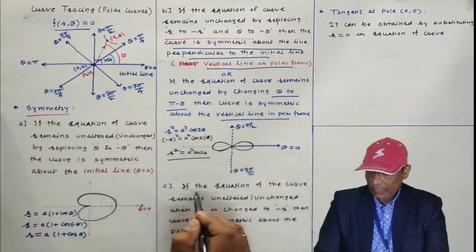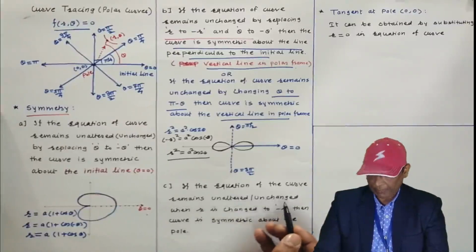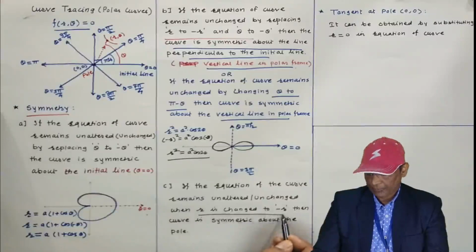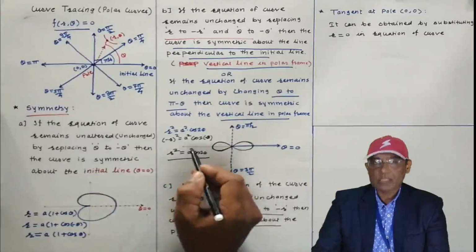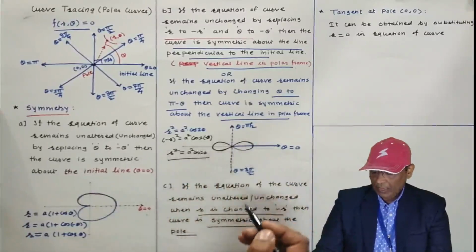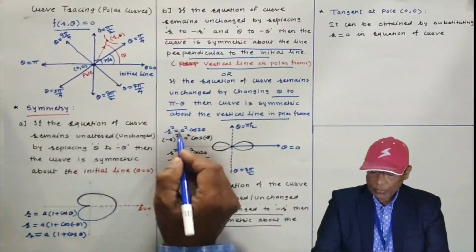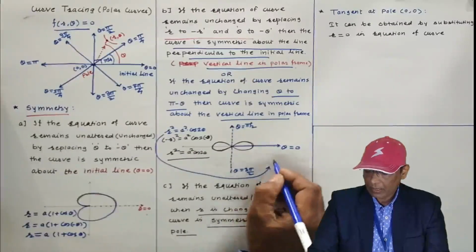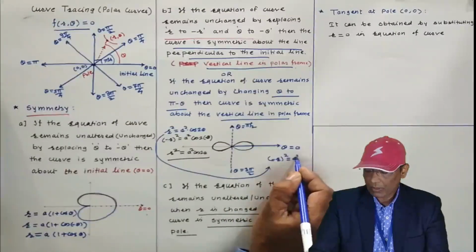Next point, if the equation of the curve remains unchanged when r is changed to minus r, then the curve is symmetric about the pole. Now the same example I am giving. Here, if you change r by minus r, the equation of the curve remains the same.